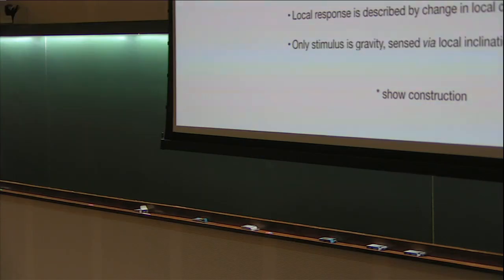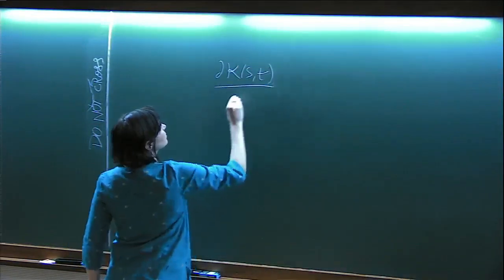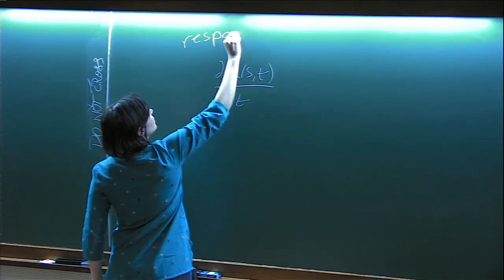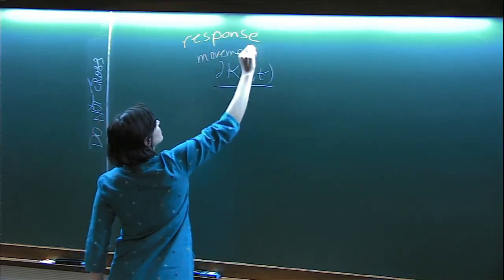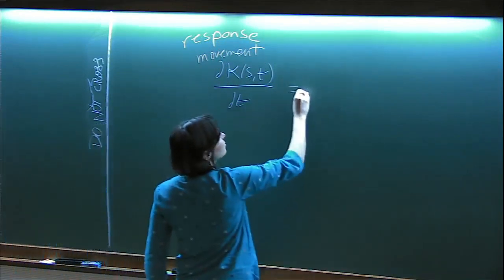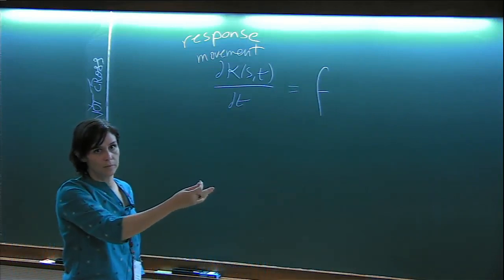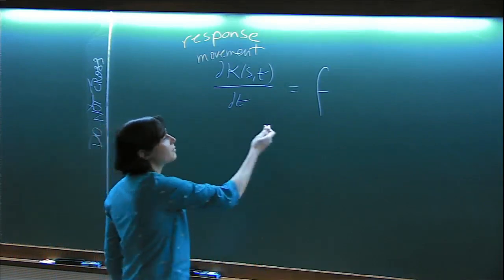So we start with the response. Response or movement. Can you see this? Okay. And we're saying that this is a function of the stimulus, gravity, right? So we said that this will be represented by theta. So it'll be some function of theta.